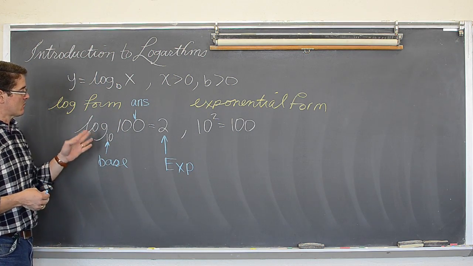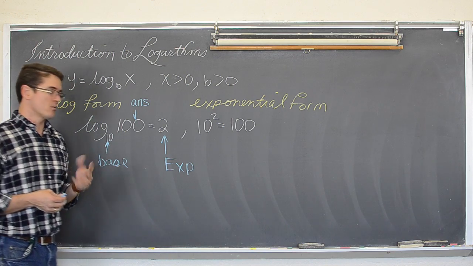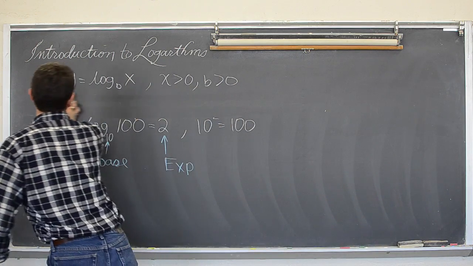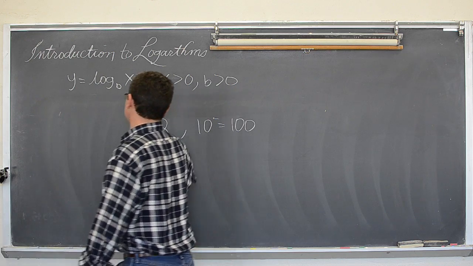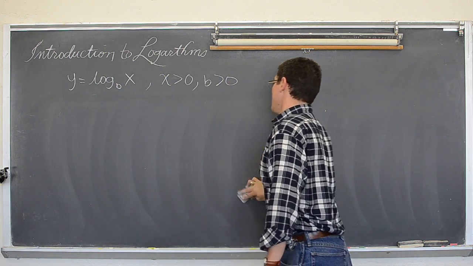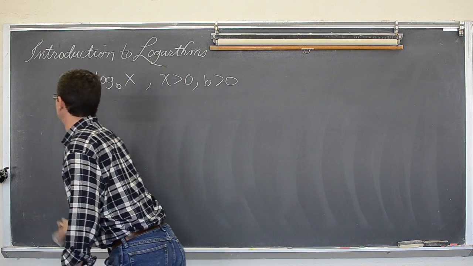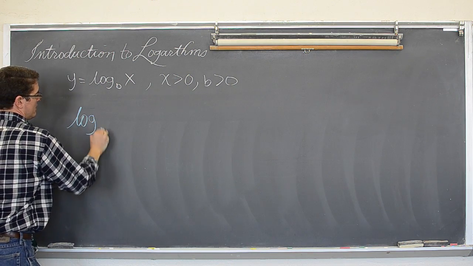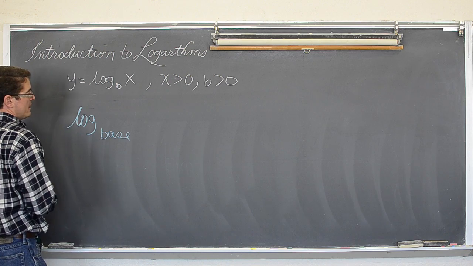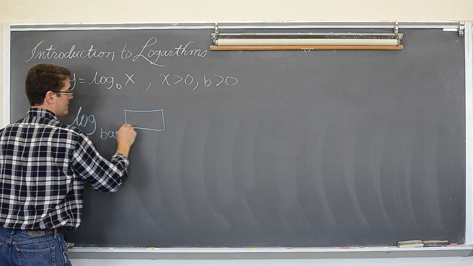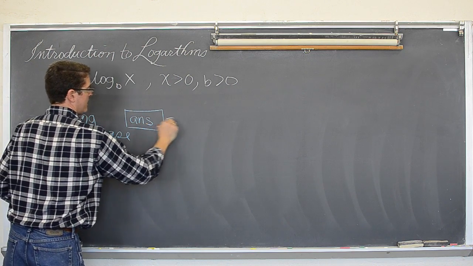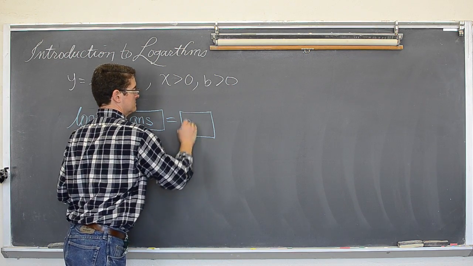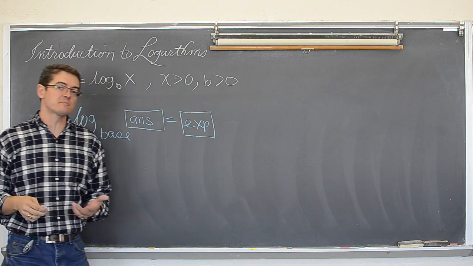I'm going to erase this now and write how I like to write logarithms, and this will help you go back and forth between exponential and log form. You have the log of a base, and then you have an answer, and what you get out of a logarithm is an exponent.